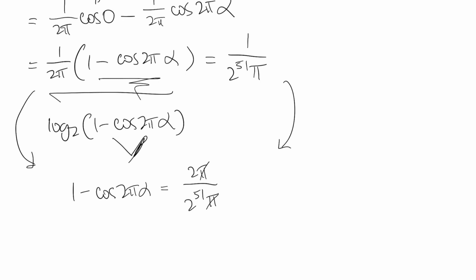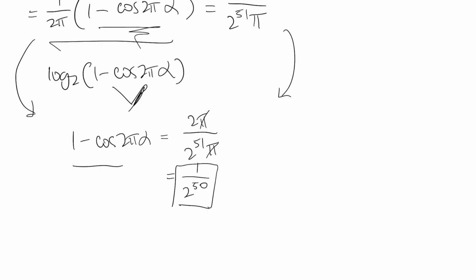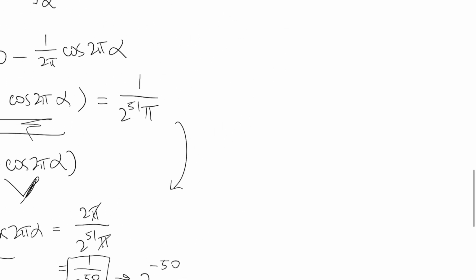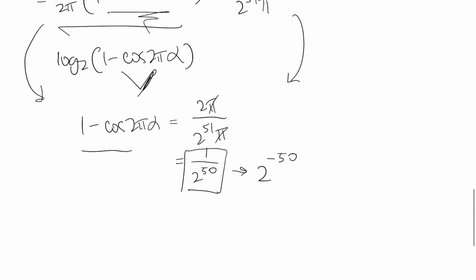Cancel, cancel. This is equal to 1 over 2 to the power 50. Notice that 1 over 2 to the power 50, we can write that as 2 to the power of negative 50. So this logarithm here is simply log base 2 of 2 to the power of negative 50, which is equal to negative 50. And there we have our answer.